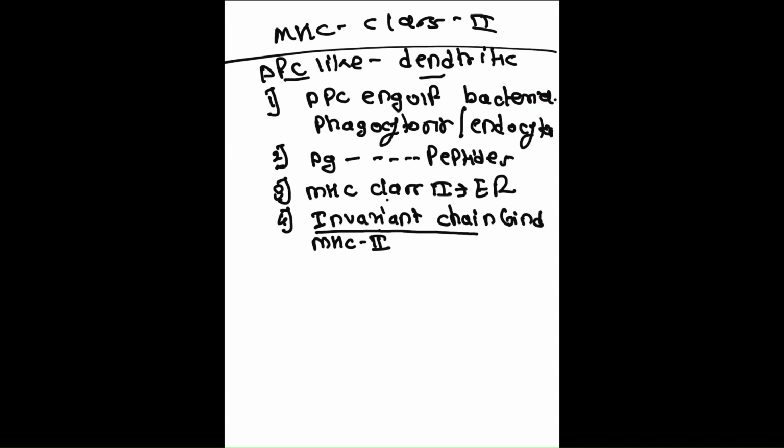Then the MHC2 plus the invariant chain travel through the Golgi to the endosome. You should remember that the invariant chain travels through the Golgi to the endosome.